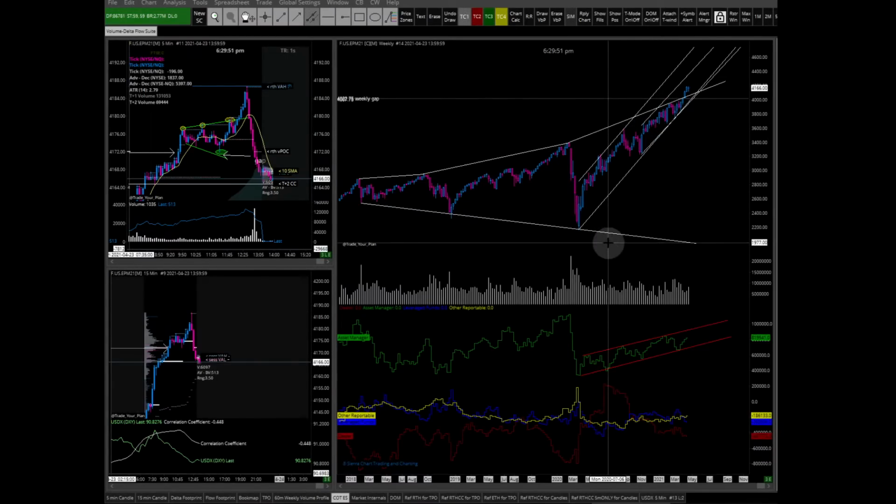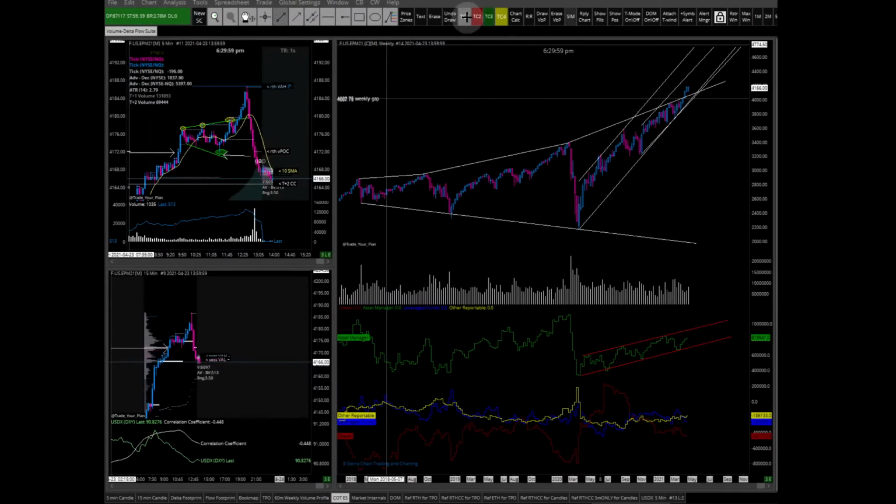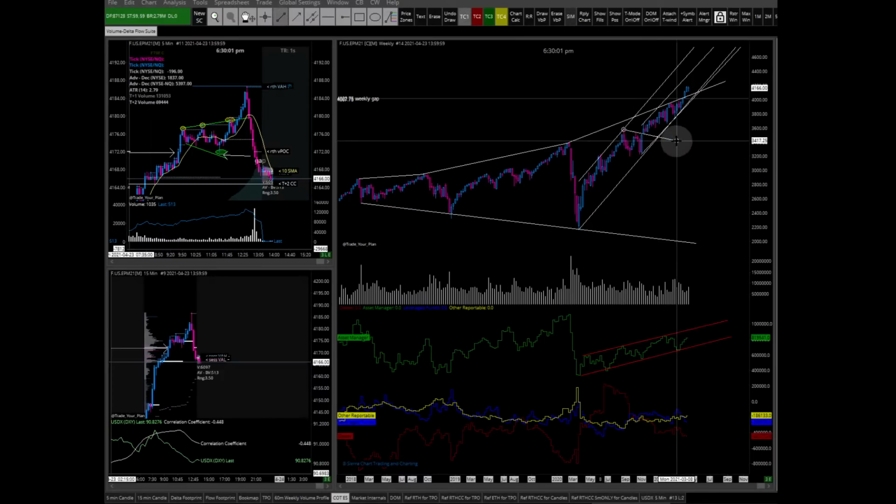Now, we already know we had a pullback here, and we had a balance here that we broke out of, right here. A little symmetrical triangle, right? Higher highs, some lows, lower highs, higher lows, and then whoop, a crazy candle, shoop, and we're off to the races.